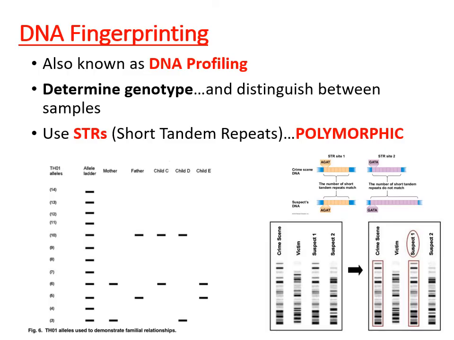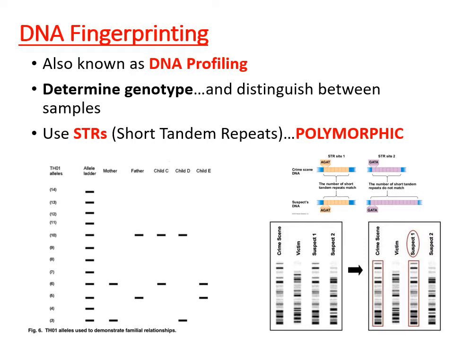Now, we just mentioned forensics and crime scene samples using DNA, so I just want to give you a little more information on that. First of all, when you look at forensics, we do a lot of DNA fingerprinting, which is also called DNA profiling.